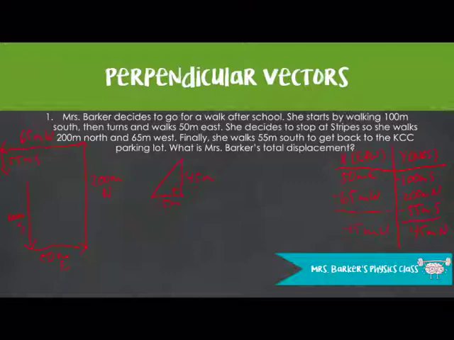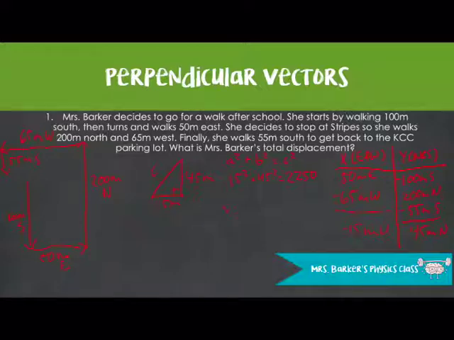And now I can solve for my hypotenuse. So I'm going to do that using the Pythagorean theorem, a squared plus b squared equals c squared. So 15 squared plus 45 squared is going to give me 2,250.